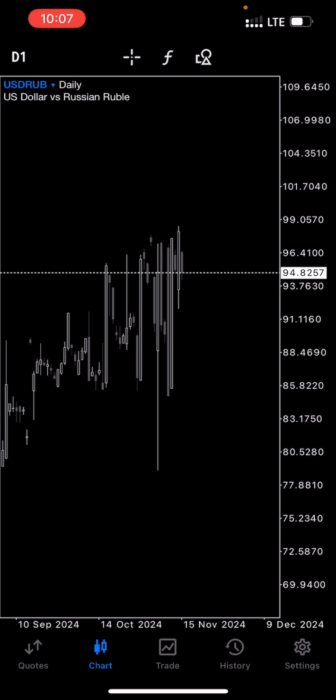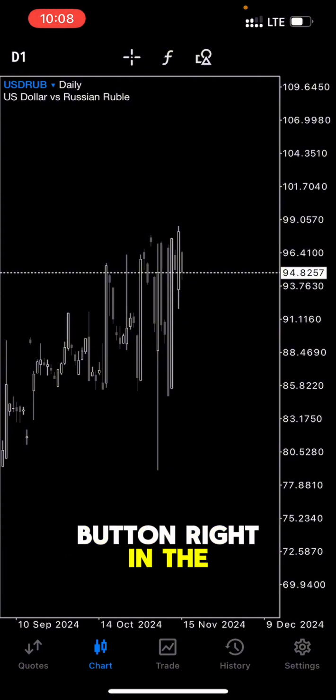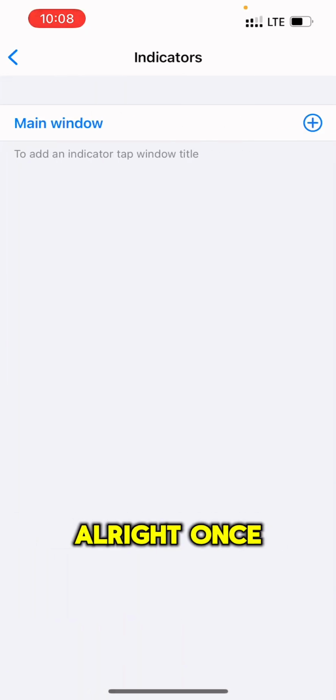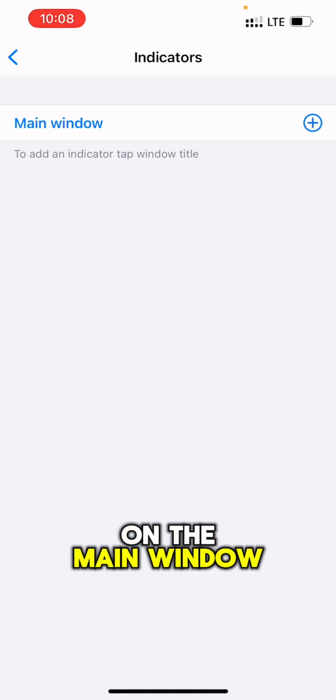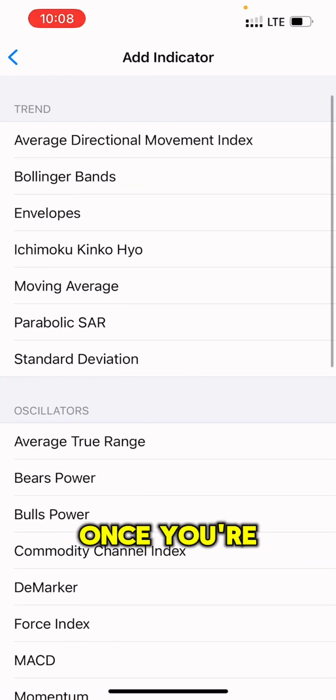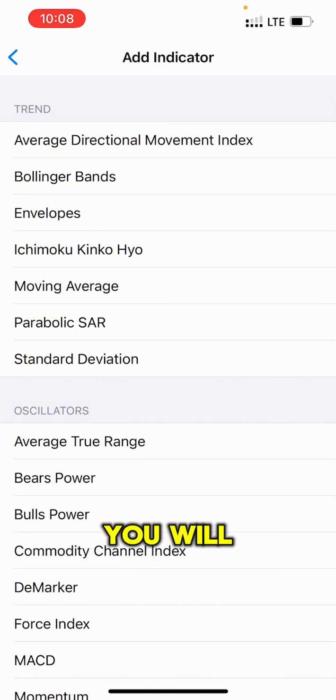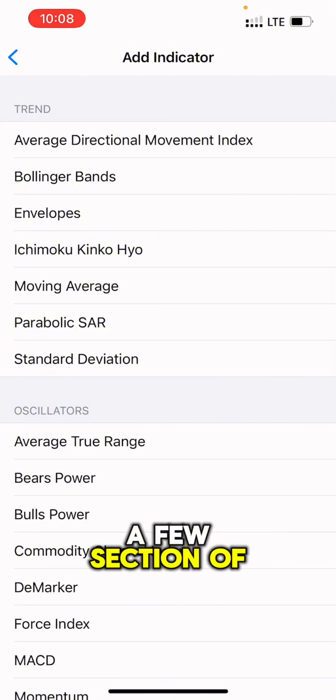In order to do that, please go to the function button, or the indicator button right in the middle. Once you're on the indicator button, make sure to click on the main window. Once you're in the main window, you will realize that we have a few sections of indicators.